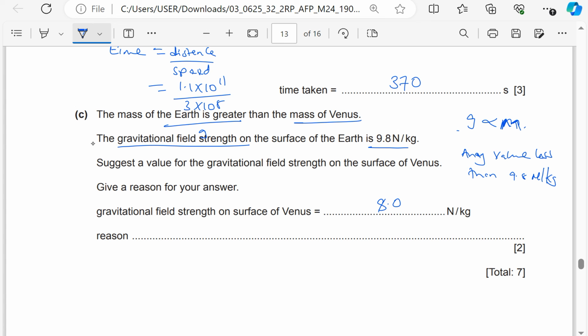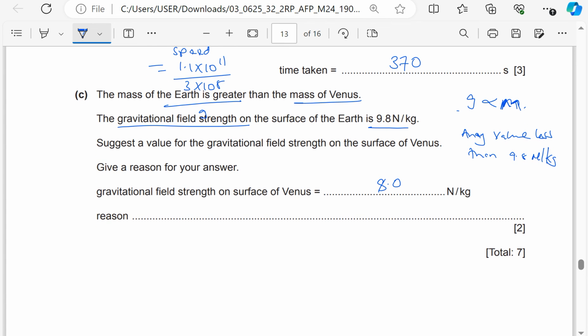So the reason is very simple. It is proportional to the mass, but Venus has a smaller mass.